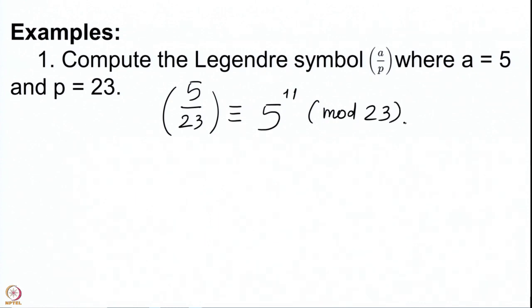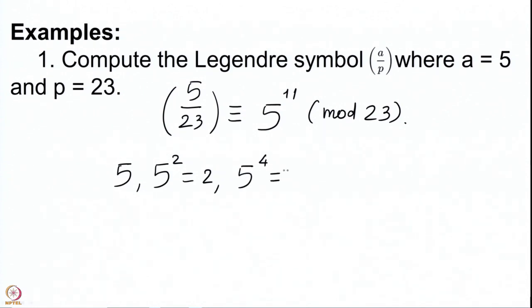To do this computation we will compute these powers of 5. We have 5, we have 5 square which is 25, and therefore modulo 23 this is equal to 2. Then we compute 5 to the 4 which is the square of 2, so that quantity is 4, and further we compute 5 power 8 which is 4 square.